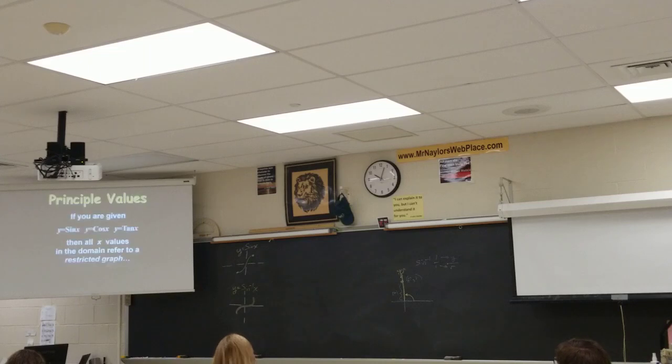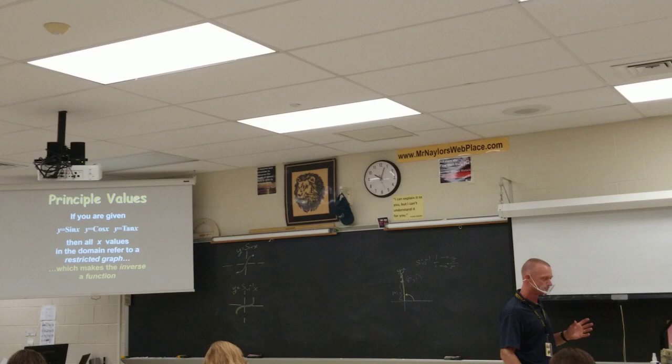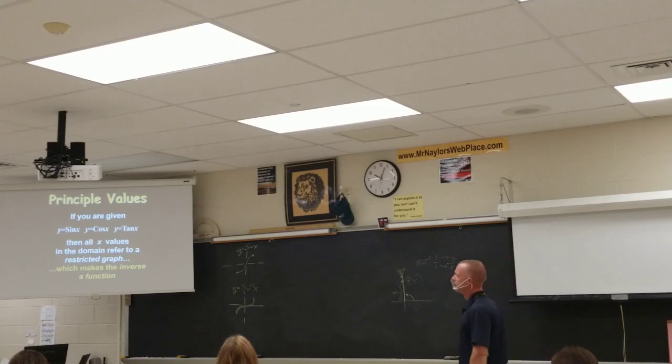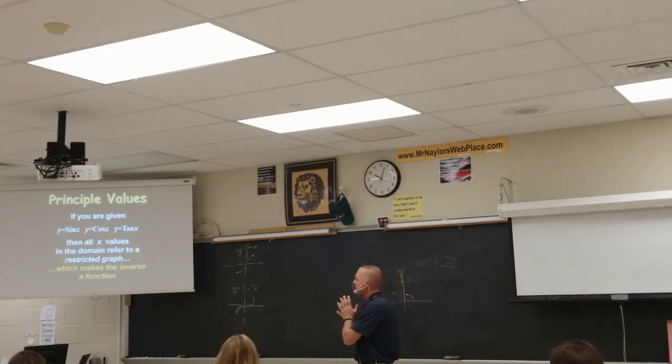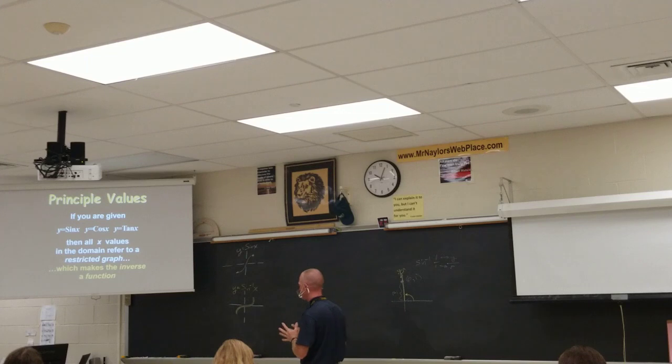Now that's a mouthful, so let me give you some text that you might want to jot down. And we'll draw these graphs, if you want to draw this graph. Yeah, we'll draw them. I just want you to take stock of what we've done here. What we've done is we have made a restricted graph. It's called the principal region or the principal values.